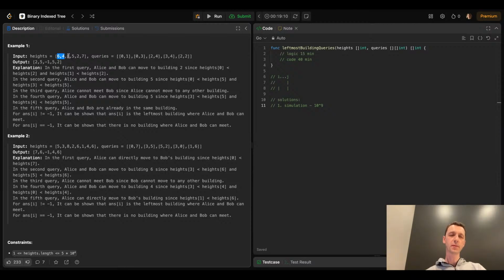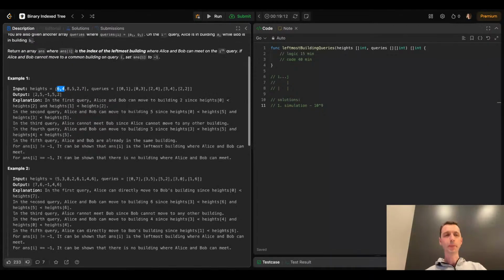So I'm talking about using some memory to do that search faster, instead of going over each building again and again.